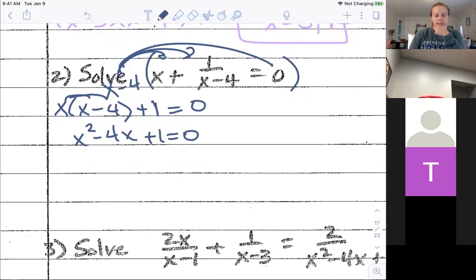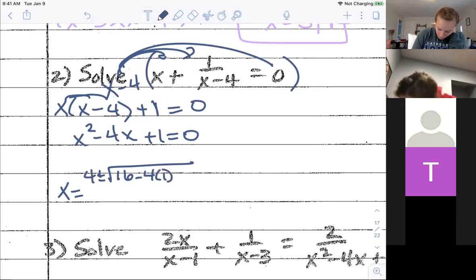Cool, everything's together. Ugh, but I don't have the ability to factor this. This doesn't factor, so we've got the quadratic formula. That's okay. We know how to do that. x equals 4 plus or minus the square root of 16 minus 4 times 1 times 1, all over 2 times 1.